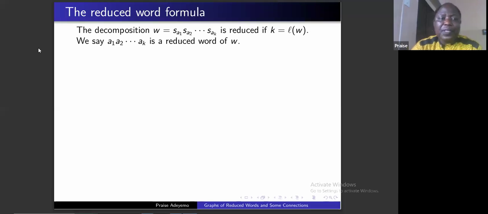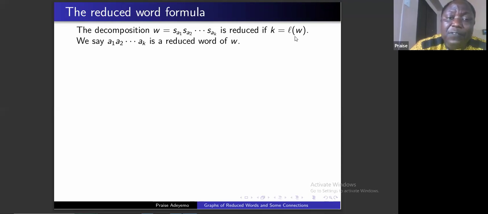Now we said that a symmetric group is generated by simple transpositions. It means that every permutation can be decomposed into a product of simple transpositions. This decomposition is called reduced if k here is the length of the permutation.